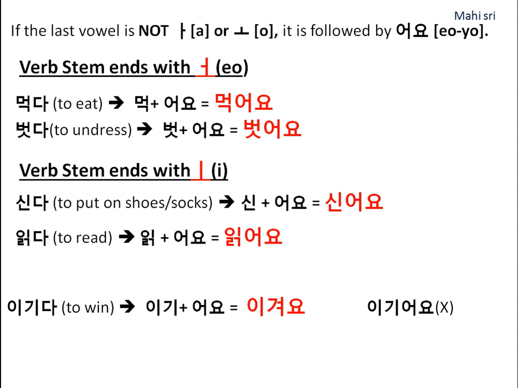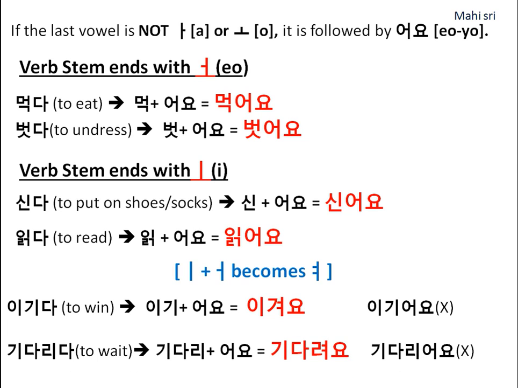Igi plus oyo, it's not igioyo but igyoyo. I plus o becomes yo, like this. Igyoyo, got it? Then kkeulh-i-da plus oyo, kkeulh-yoyo, but not kkeulh-ioyo. If you pronounce it very fast, it becomes kkeulhyoyo. Got the difference? Because of weird pronunciation and easy pronunciation, they turned out like these.